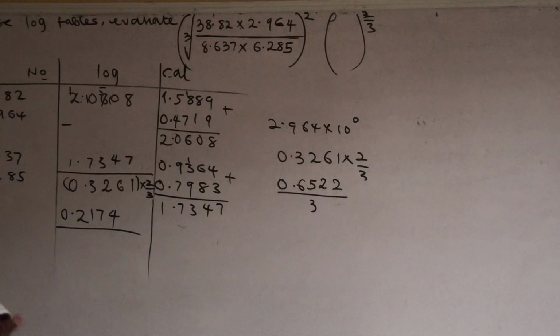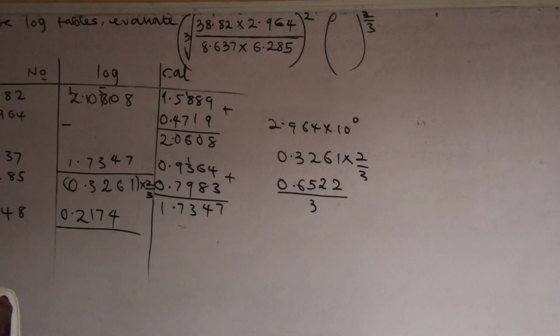So let's look at 21 under 7. 21 under 7 is 1648. Then let's look at difference 4.